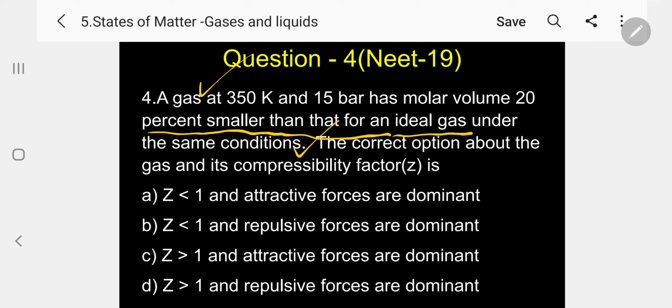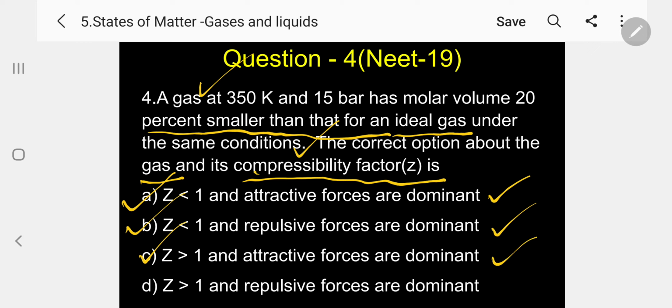The correct option about the gas and compressibility factor is, kindly follow this question. Option A, Z is less than 1 and attractive forces dominate. Option B, Z less than 1 and repulsive forces dominate. C, Z is greater than 1 and attractive forces dominate. And D, Z greater than 1 and repulsive forces dominate.